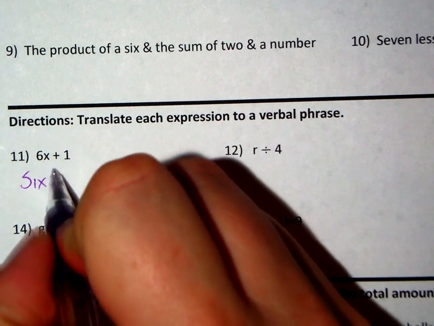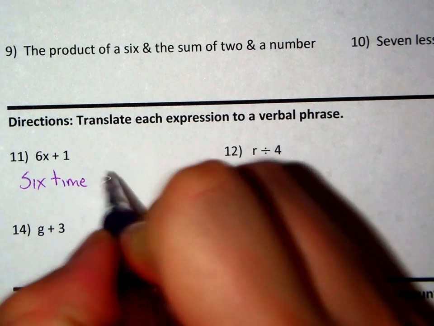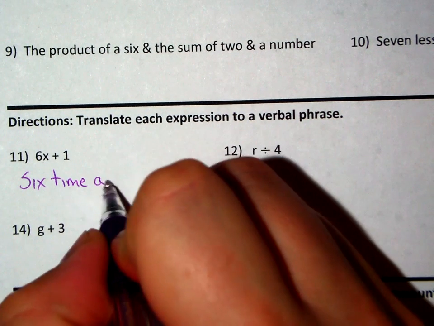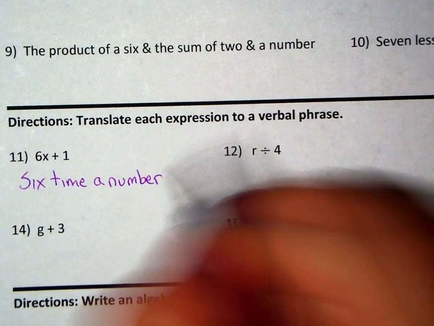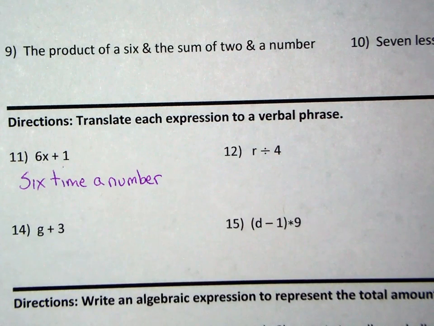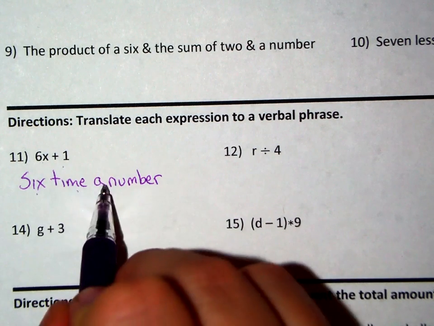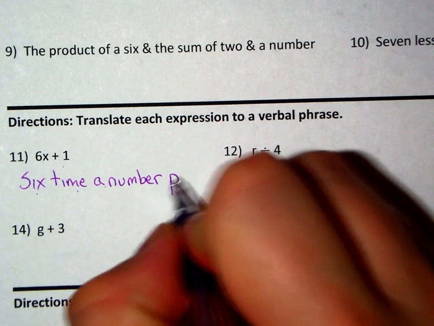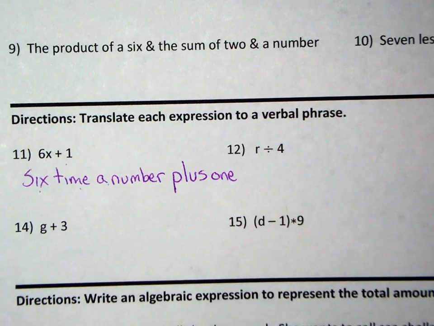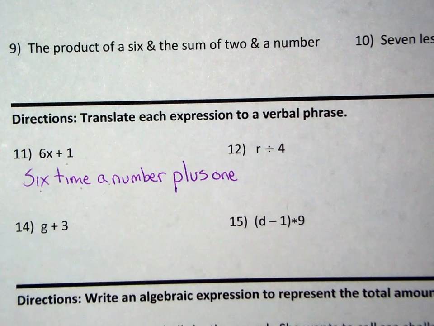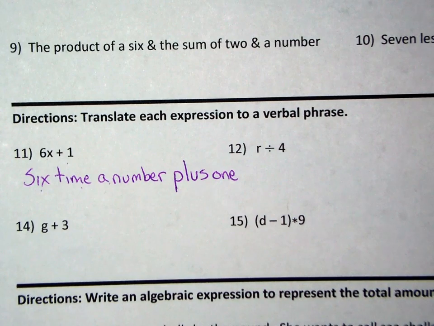So 6 times a number. And then at the end of the expression, I'm adding 1. So 6 times a number plus 1. And these you just have to be careful with and take your time. Walk through exactly each term, what's happening with each term, and I think you'll be all right.